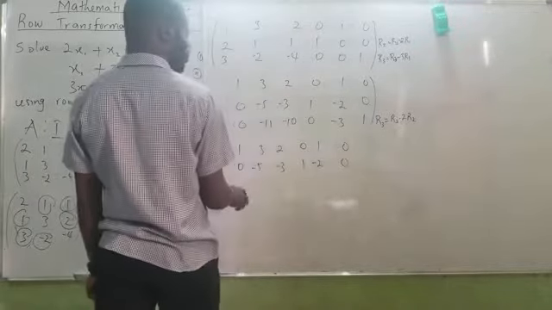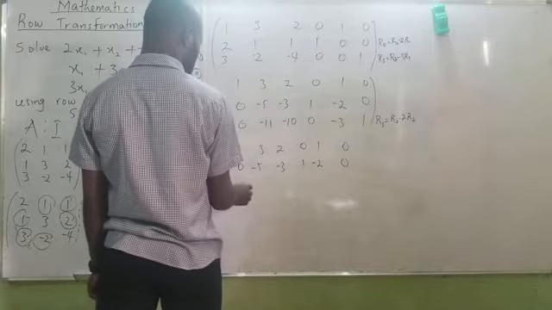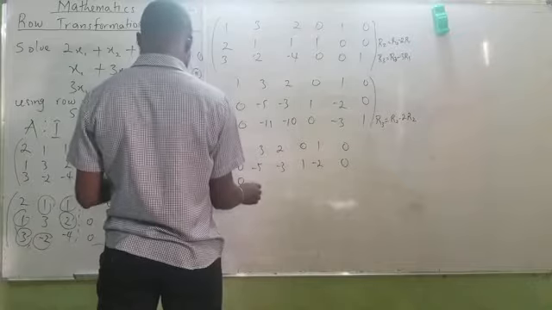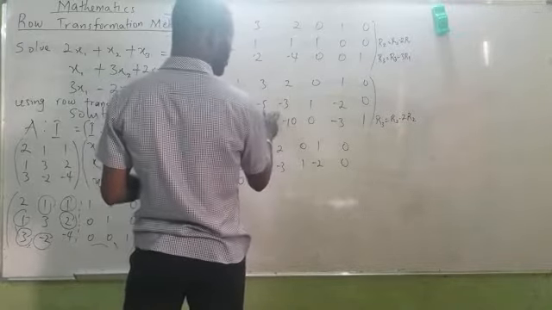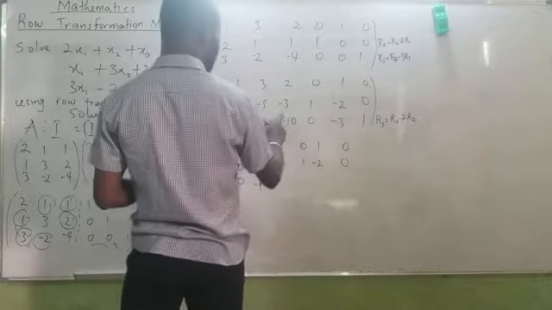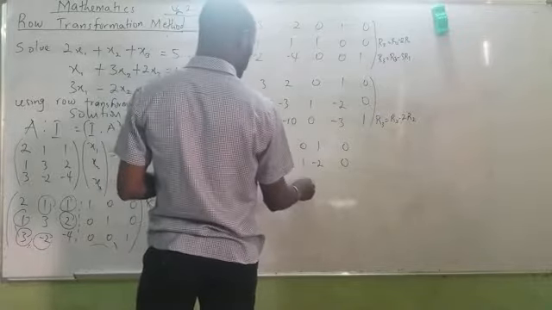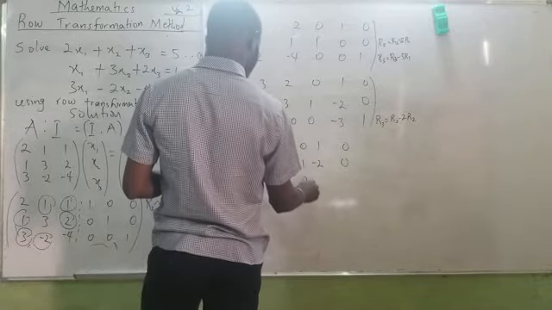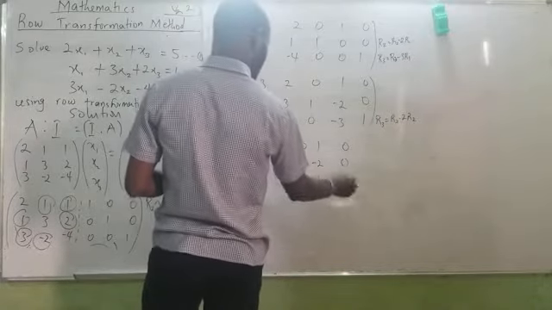Here will be equals to, I have 10 is going to be 0, and here will be minus 1. I have, here will be 15, 6 and minus 4, and here will be 2, and here will be 1, 1.